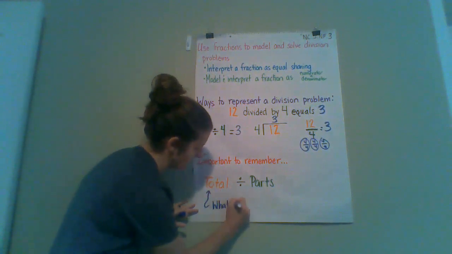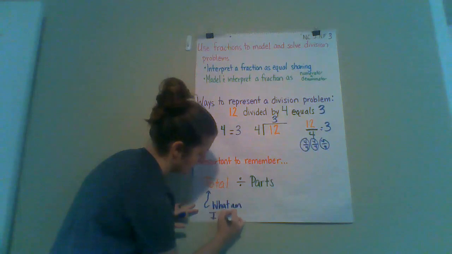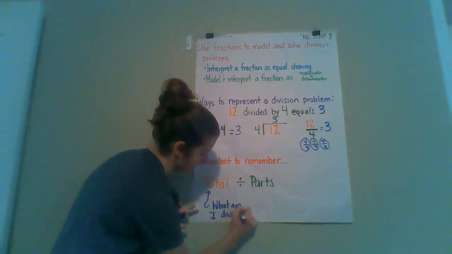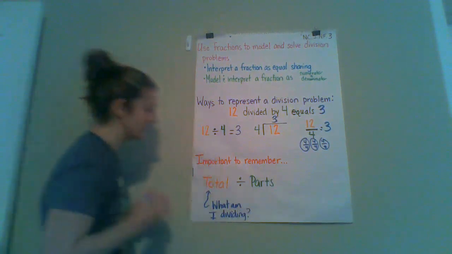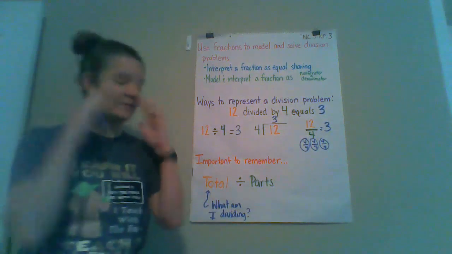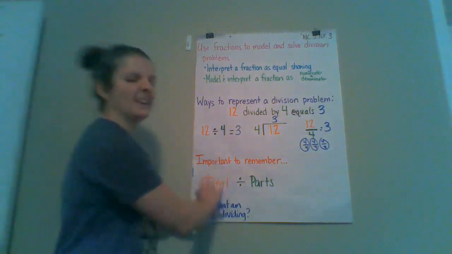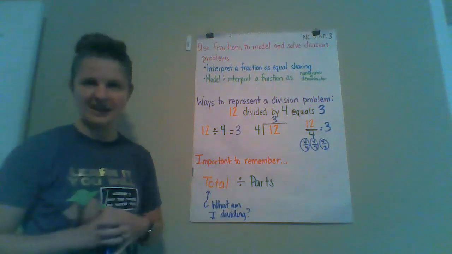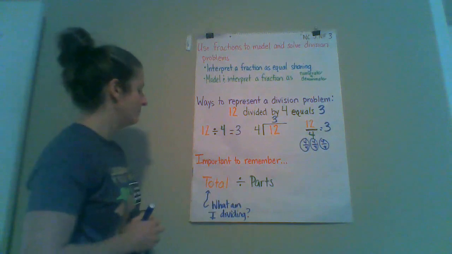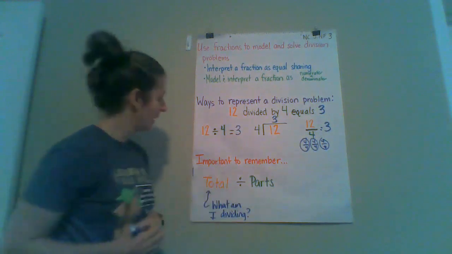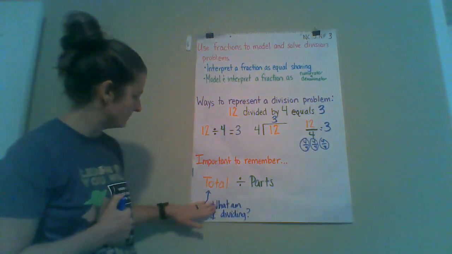All right, that is the first thing we're going to ask ourselves. That helps us to know what it is that we're dividing, not necessarily what number goes first. I messed up when I said that.